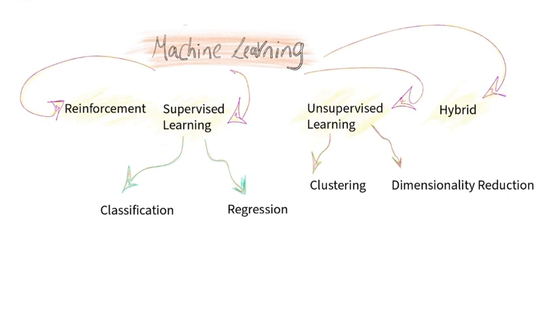The best example is the recommendation system that many companies currently rely on. We have also supervised learning, such as classification and regression, unsupervised learning, such as clustering and dimensionality reduction, and hybrid learning. And hybrid collects different models in order to get optimized output.